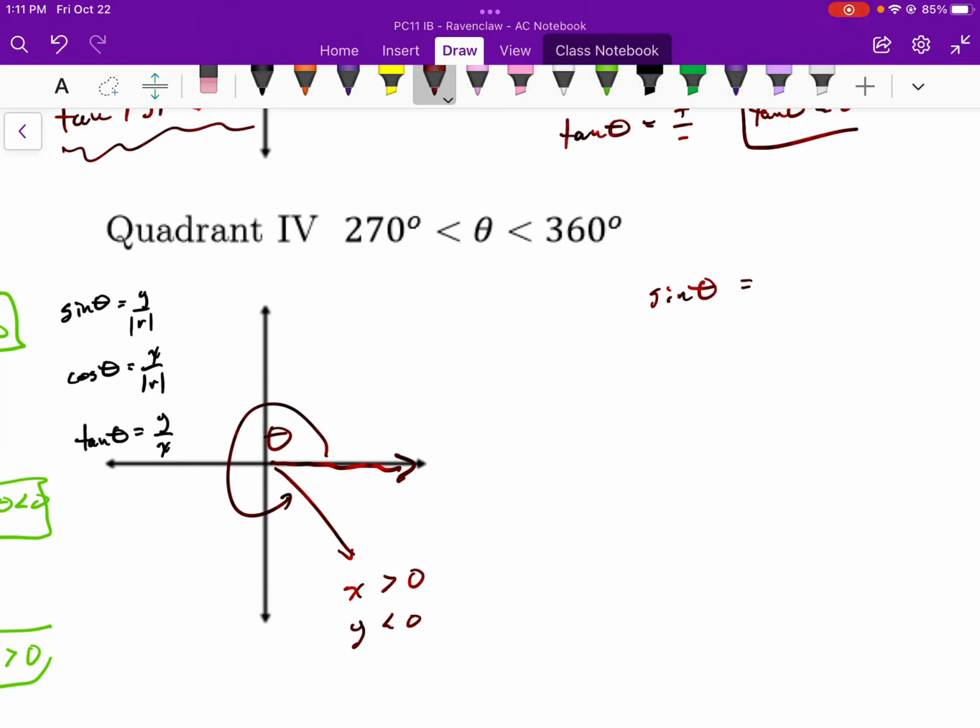So sine theta is my y coordinate divided by my radius vector r. Since my y's are negative and my radius vector r is always positive, I can conclude that all angles in quadrant number 4 have a negative sine.